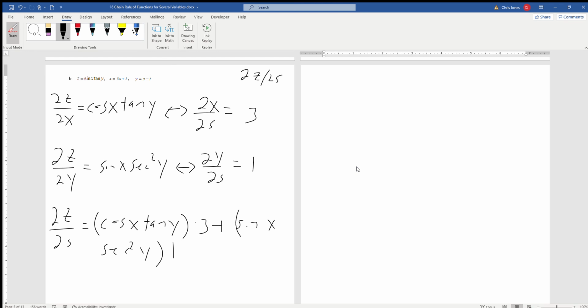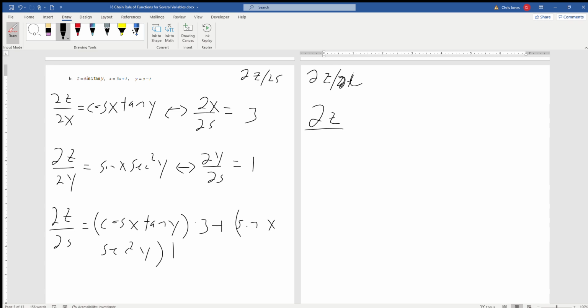Let's see if we can find partial z partial t. And essentially, we can just borrow partial z partial x, partial z partial y.